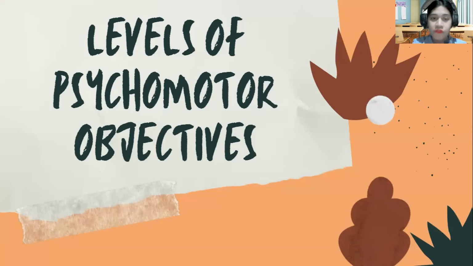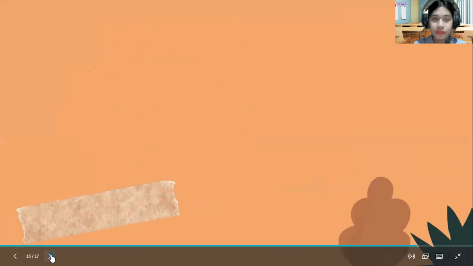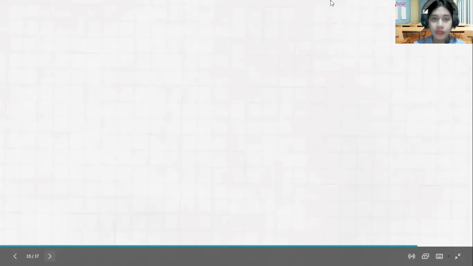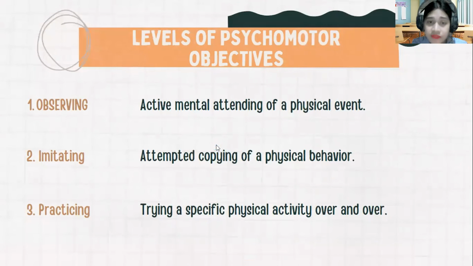First is observing. Observing defines active mental attending of a physical event. The second one is imitating, which defines attempted copying of a physical behavior. And the third one, practicing, defines trying a specific physical activity over and over.